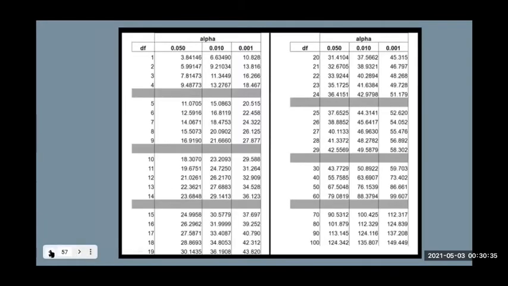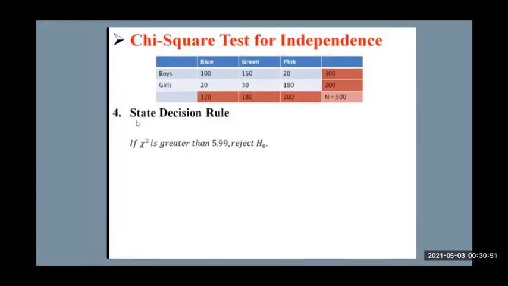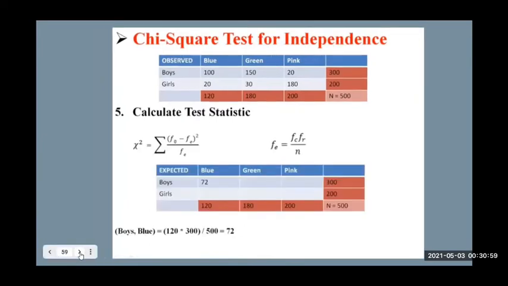Now, our degrees of freedom is 2, and our alpha is 0.05, so our table value will be 5.99147. So state our decision rule: if chi-square is greater than 5.99, reject the null hypothesis.